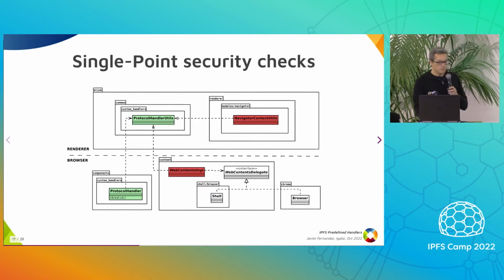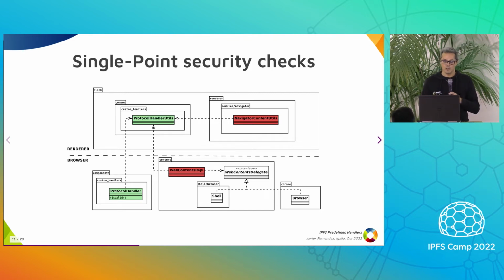As I said before, one of the goals of the refactoring was to reduce the code duplication of the privacy and security checks that the registered protocol handler has. There are different implementations of these checks that are run by both the render and browser processes, and they had some differences in how they were implemented.